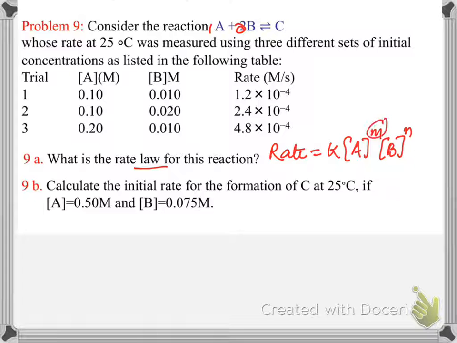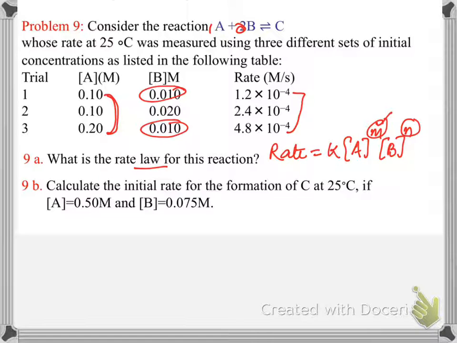So we always start with M and N. To find the value of M, the order of a reaction with respect to A, I will pick the two experiments where the concentration of B is not changing, and I can see it's here. Experiment number 1 and 3, B is same but the A is getting doubled. And if A is getting doubled, look at the rate.